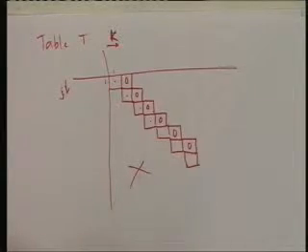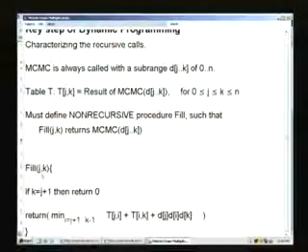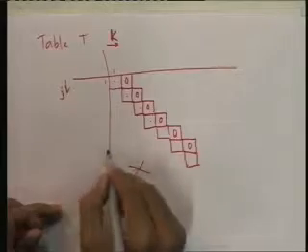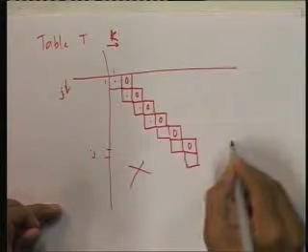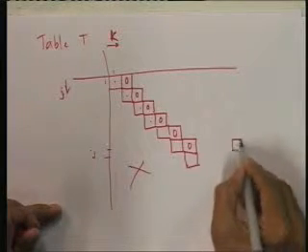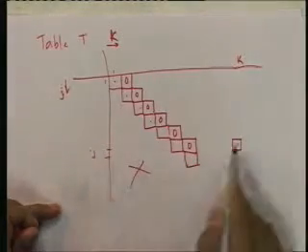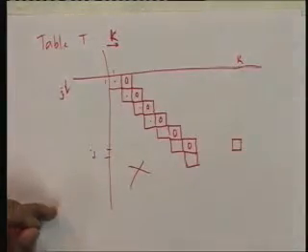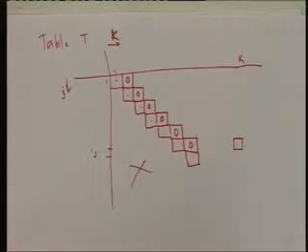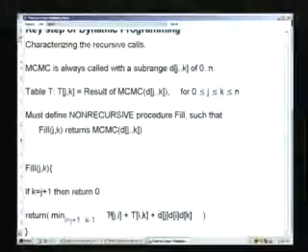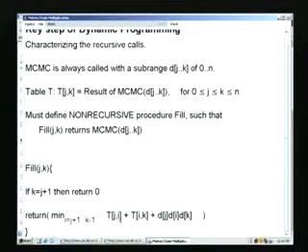Now, let us examine how fill fills a particular entry j k. So, let us say this is my j over here, and this is the index k. So, the jth row, kth column, this is the entry that I want to fill. How does fill this entry? So, it considers the values of t j i where i ranges from j plus 1 through k.